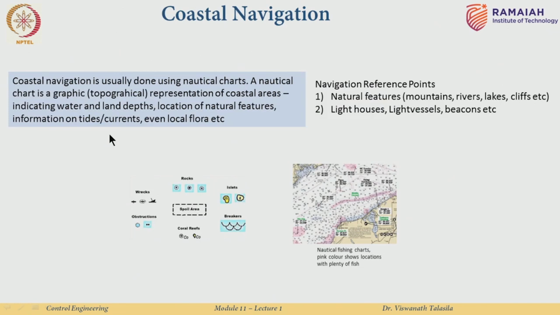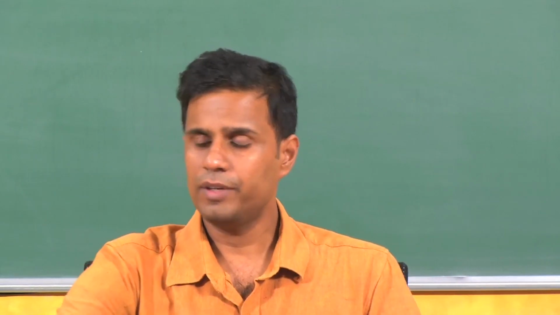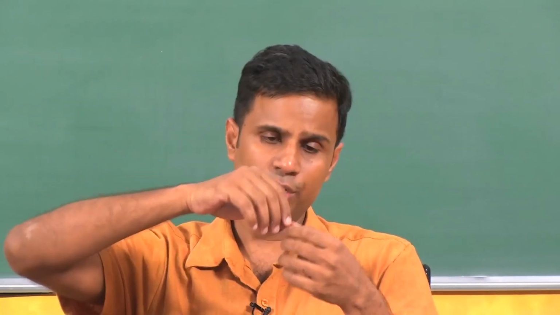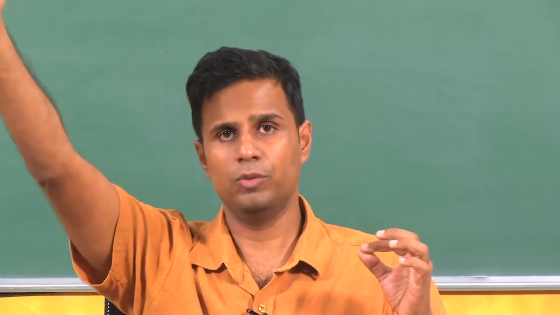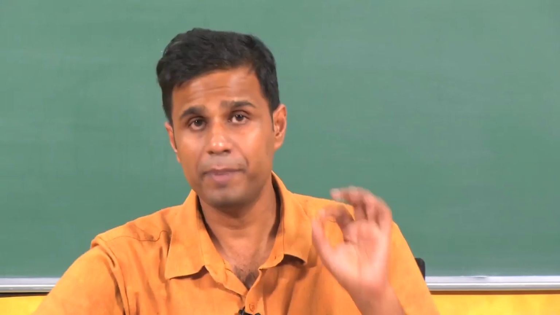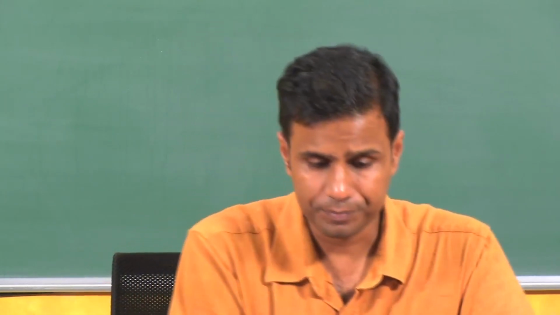So, what is coastal navigation? Loosely speaking, in ancient times, coastal navigation was when you needed to move from one point on the coast to another point, maybe hundreds of kilometers away, and you would use specific natural features.